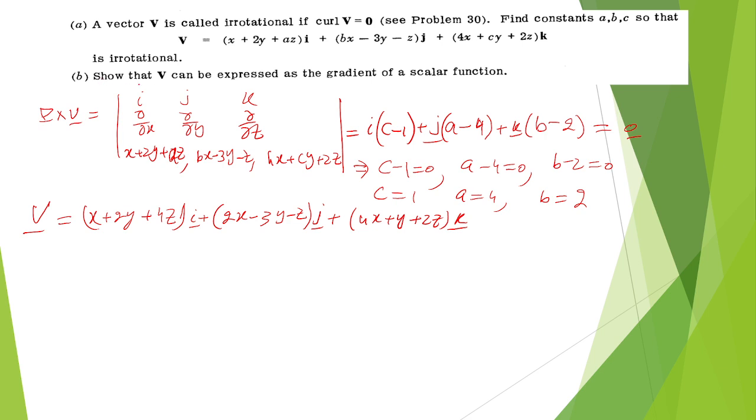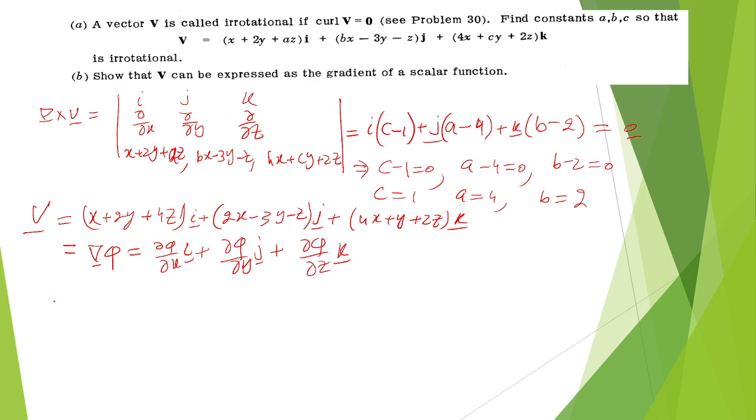Now the second question is, show that V can be expressed as the gradient of a scalar function. If V is irrotational, then it can be put this way: V should be equal to the gradient of phi, the gradient of a scalar function. The gradient of a scalar function is partial phi partial x i, partial phi partial y j, and partial phi partial z k.